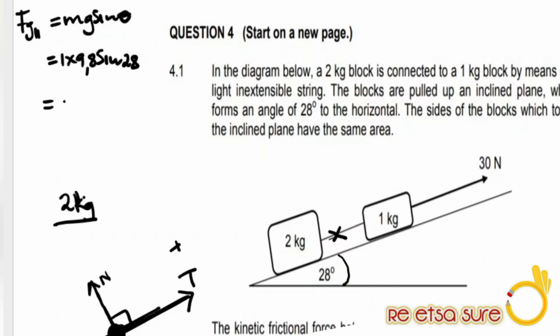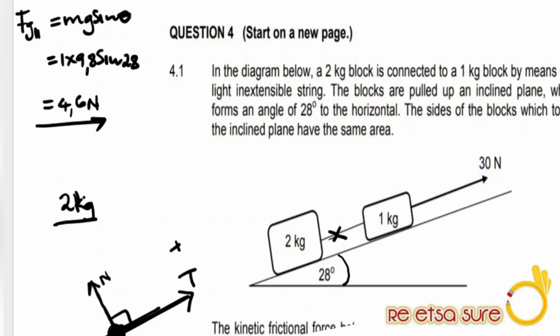Now let me press my calculator. I'm going to have 1 multiplied by 9,8 sine 28, and the value that I get there is 4,6 newtons.